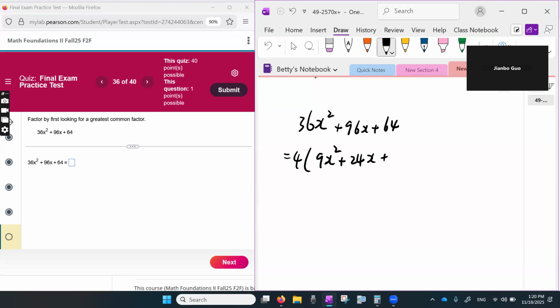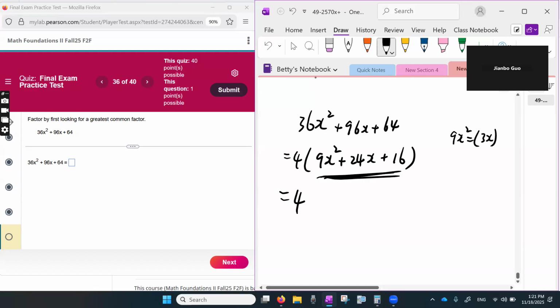x plus 16. And inside the parentheses, we have a perfect square trinomial. 9x squared is (3x) to the power 2, so base 1 is 3x. 16 is 4 squared, so base 2 is 4. The trinomial can be factored as base 1 plus base 2, to the power 2.